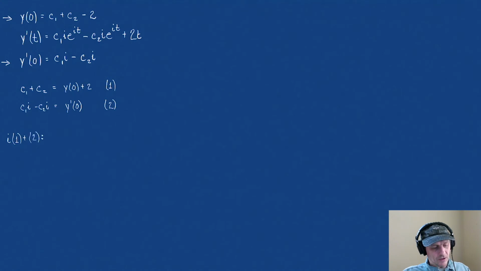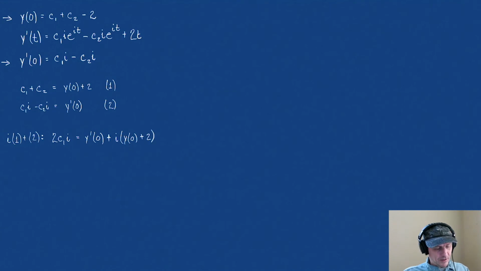So the c2 components are going to cancel out. So then I'm going to have 2 times c1 times i, and this is going to equal y prime of 0 plus i times y of 0 plus 2.